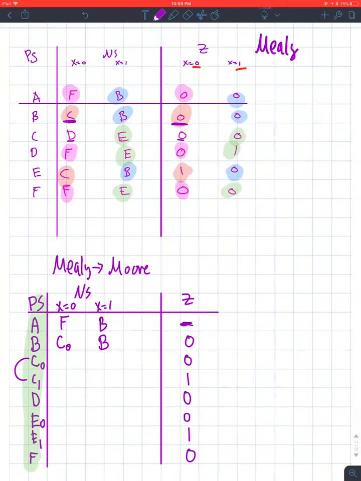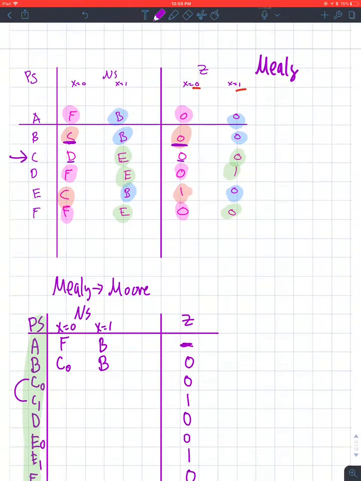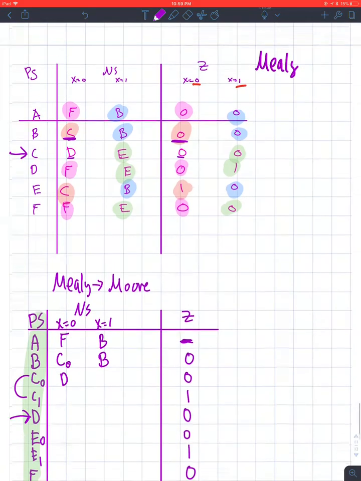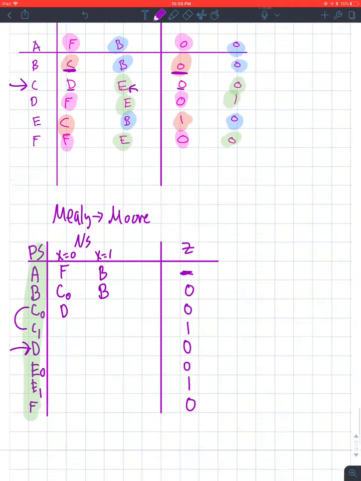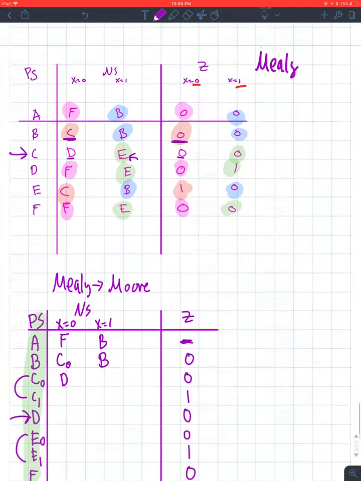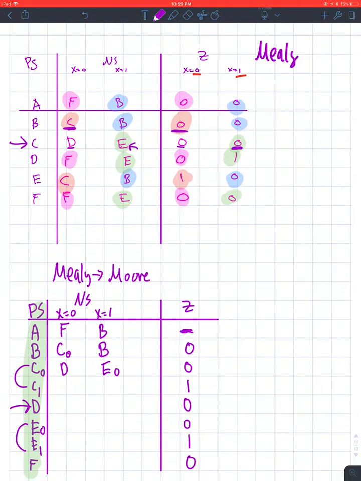So now for c not, you're going to look here at c. And then it's just d. D only appears once here, so you know it's just going to be d. And then now you have your e here. This e appears twice here. So how do you know if it's E0 or E1? You're going to look at your output for z here. It's going to be a 0, so it's going to be E0.